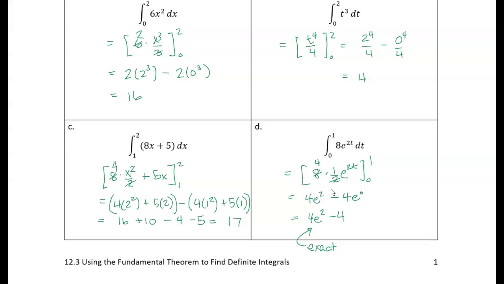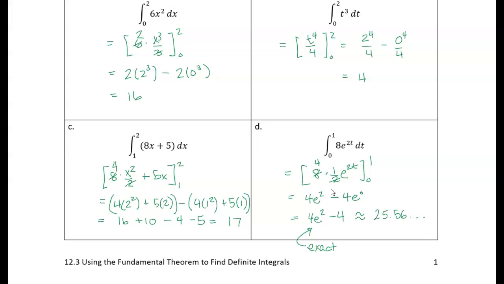They might be in terms of e or pi or the square root of 2. There might be some irrational number involved. So if you try to calculate it with your calculator, it's going to give you some decimal approximation and not the exact answer. If you put this into your calculator to check it, you would get 25.56 something, with decimals that go on forever.